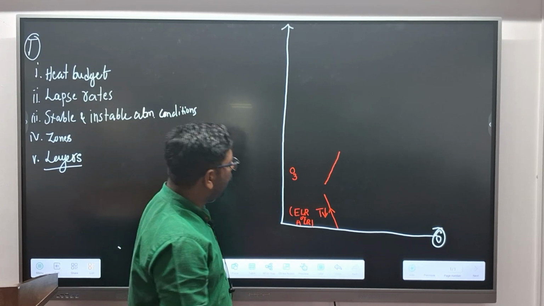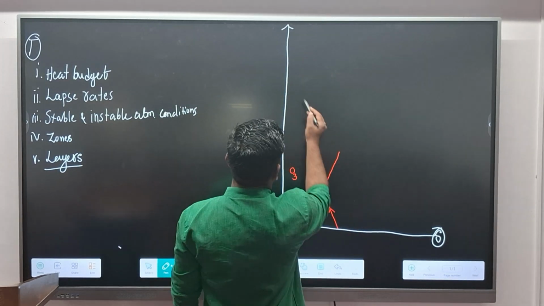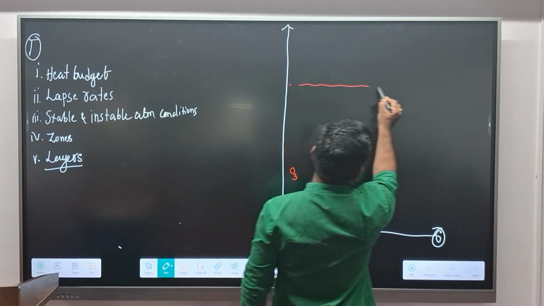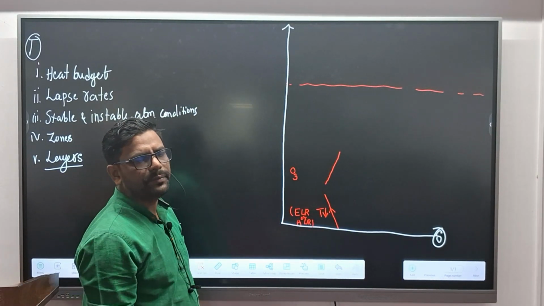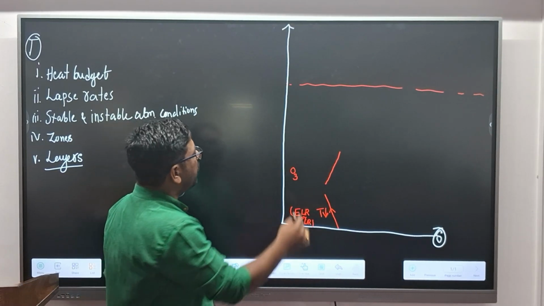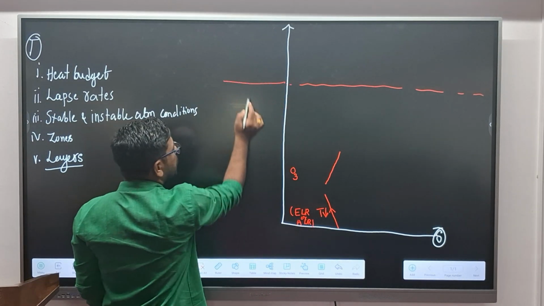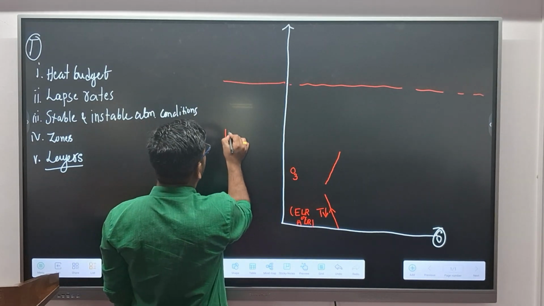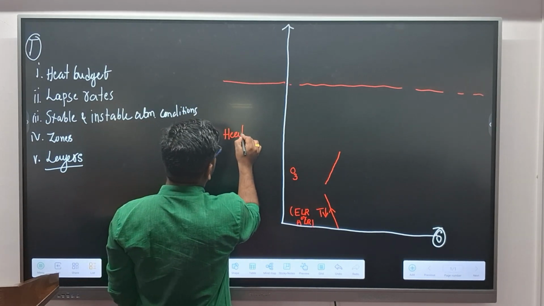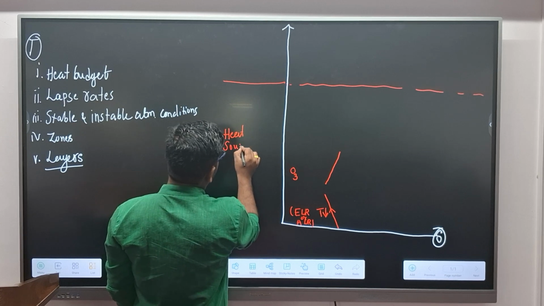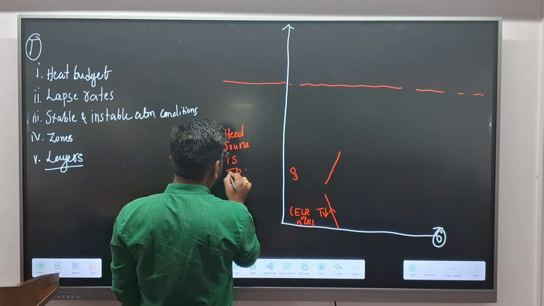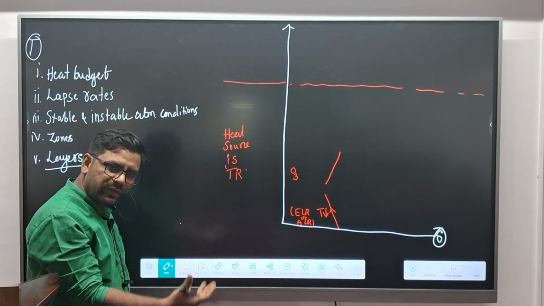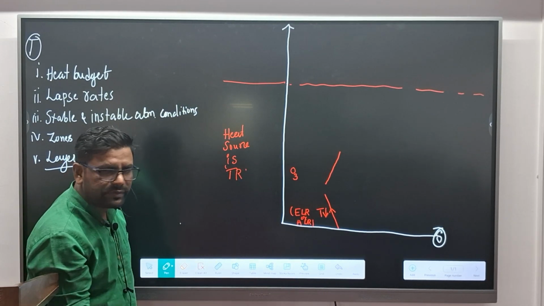And one more thing you need to know here: I'm writing some base here. From here up to here, the heat source is terrestrial radiation, that is, the surface.